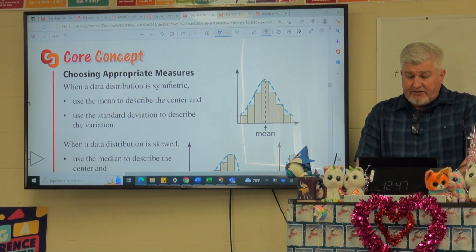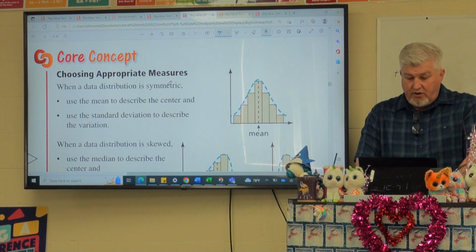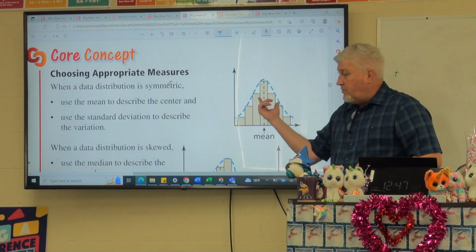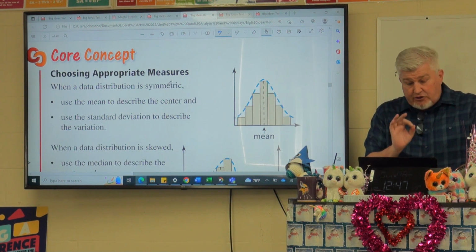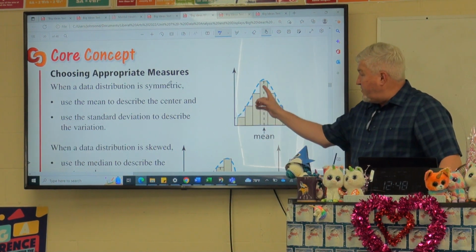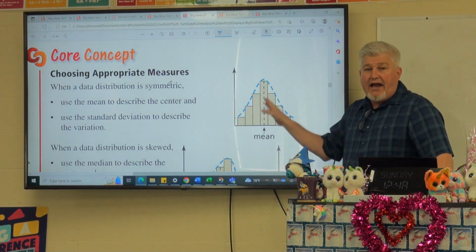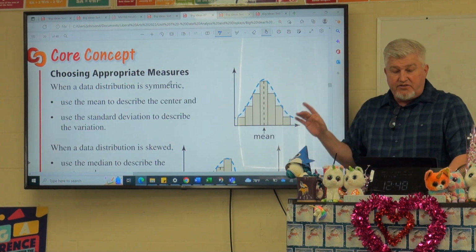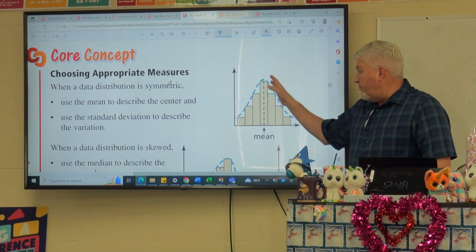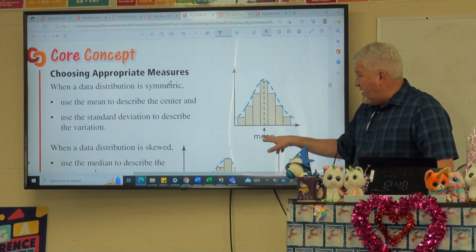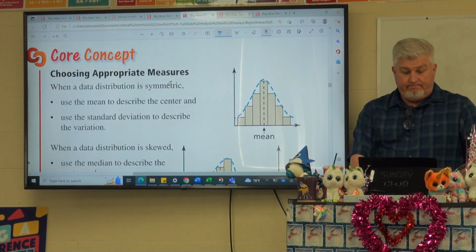If the data distribution is symmetric, where the majority of it is here in the middle, the best way statistically to measure that data then is to use the mean to describe the center and to use the standard deviation to describe the variation. Okay? If it's symmetrical, we use the mean and the standard deviation.